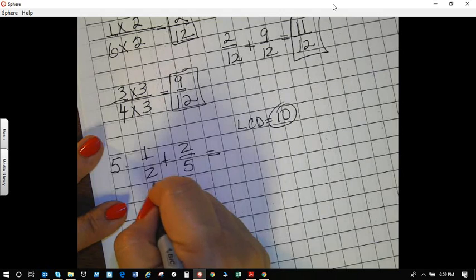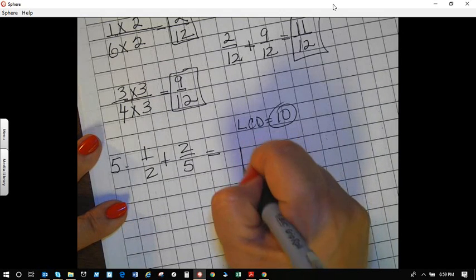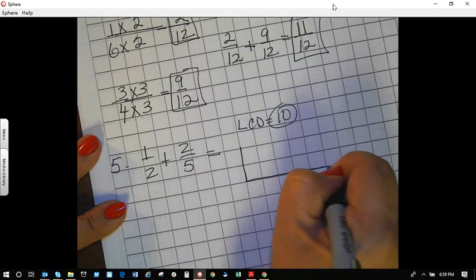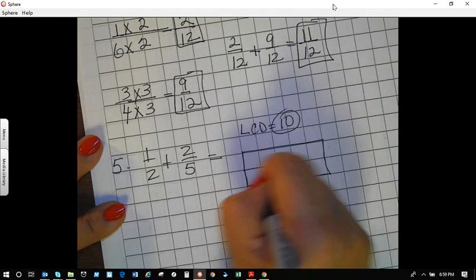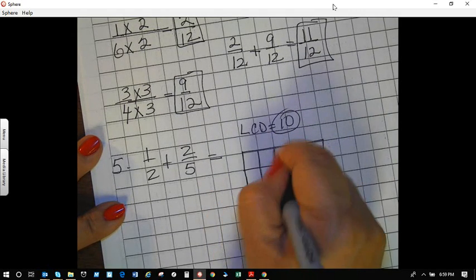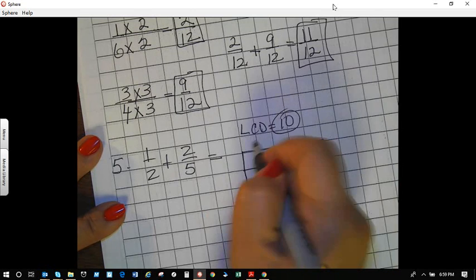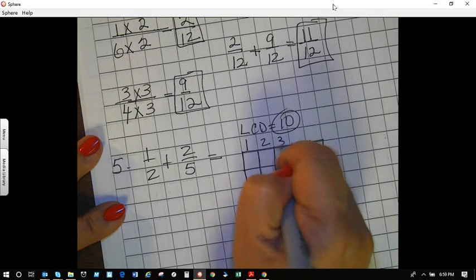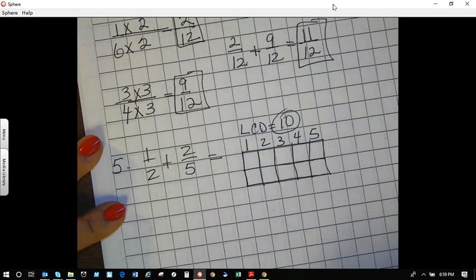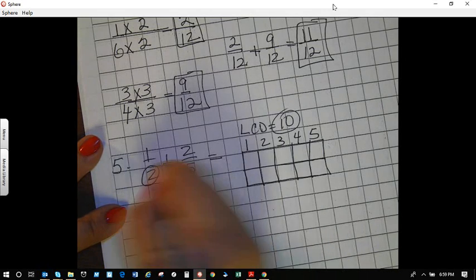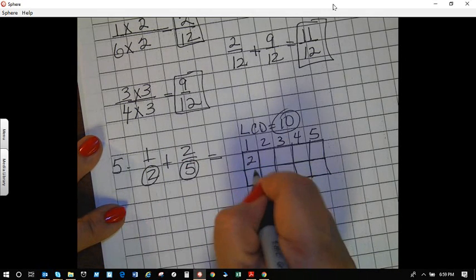So if you're having trouble, create your box. Make your columns. It's just like a multiplication chart. Label your columns, just like your multiplication chart. Circle your denominators, and then put the 2 and the 5 in.